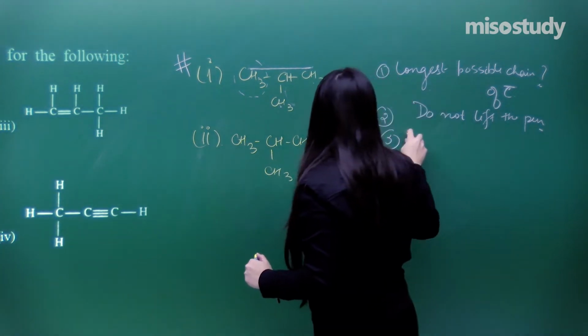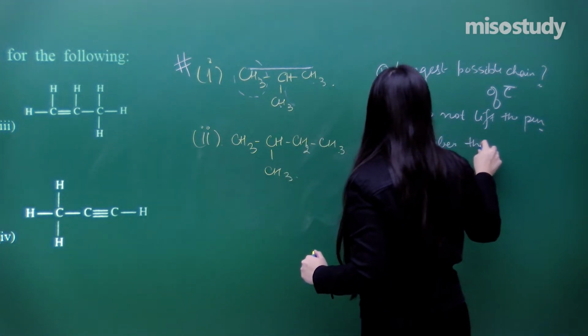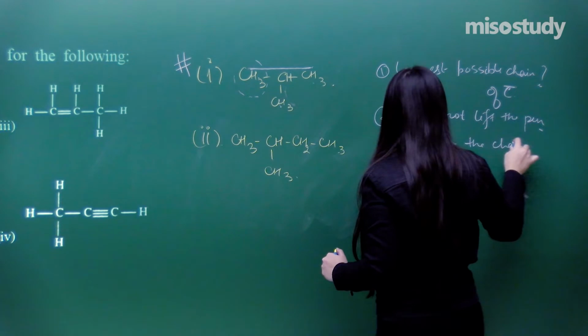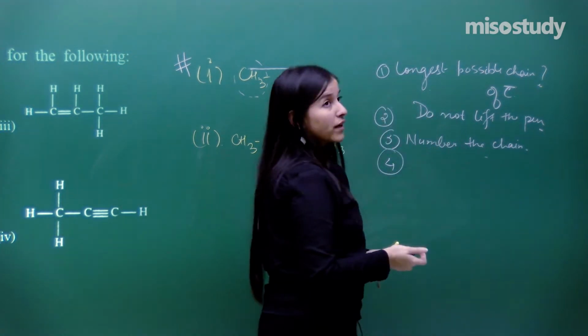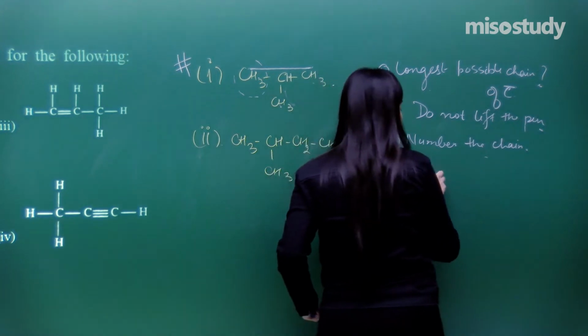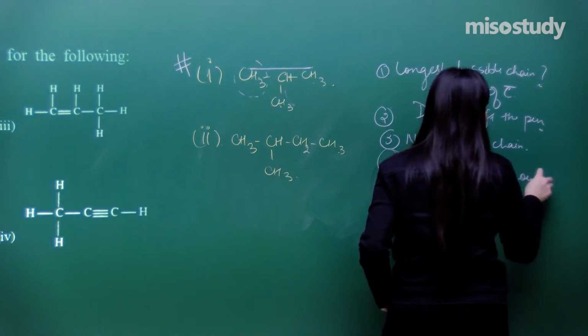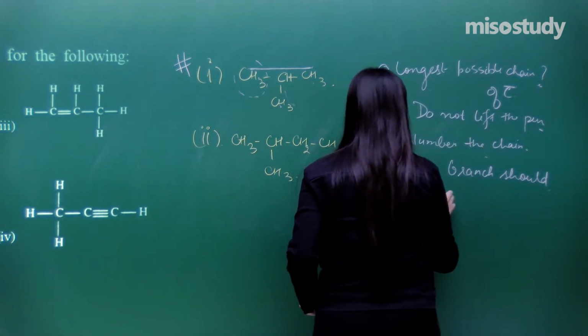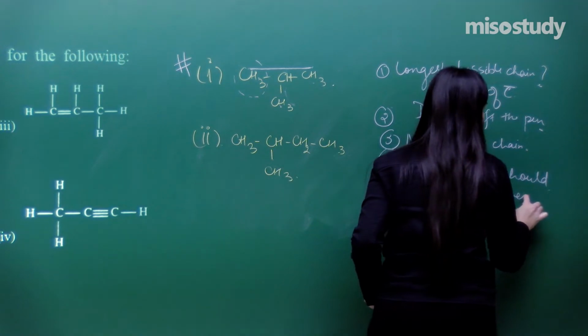Now what will happen? Just try to number the chain, okay? And fourth point to be kept in mind while numbering. The branch should be given the lowest possible number, okay?